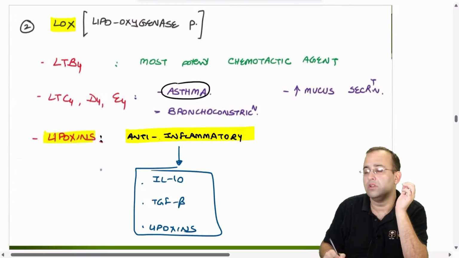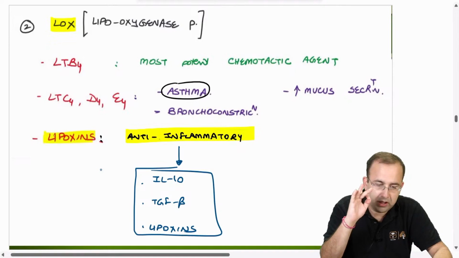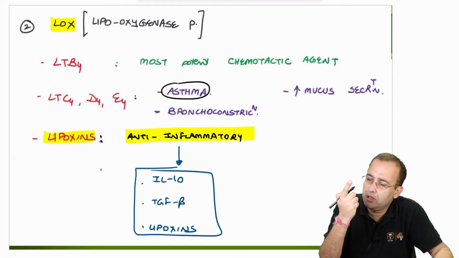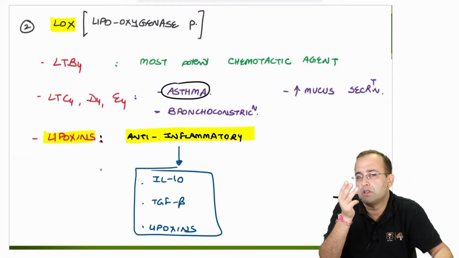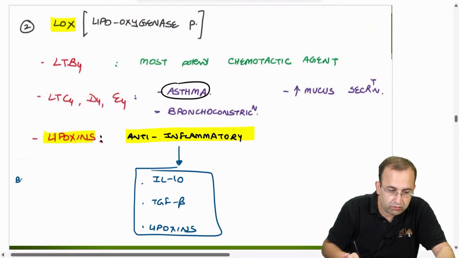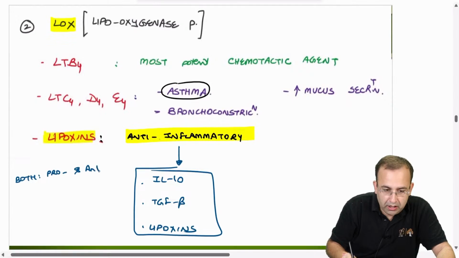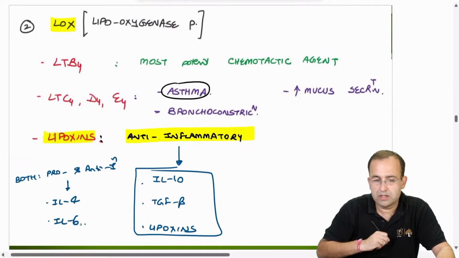You have to know this. Whereas both pro- and anti-inflammatory are interleukin 4 and interleukin 6.